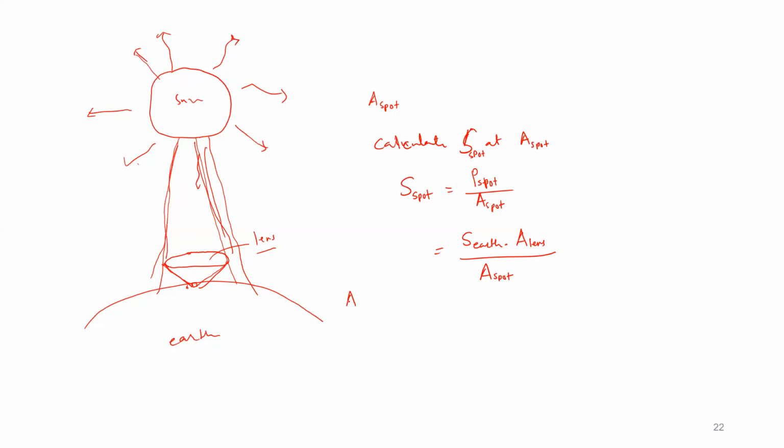So let us say the area of the spot would be pi r squared, because we are saying this is a circular area, just a point there, and r is, let's say, 0.5 millimeter. So pi r squared will give us the spot. Second, let's calculate the area of the lens.